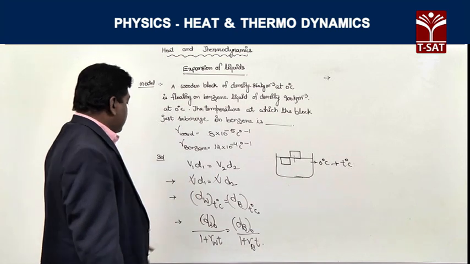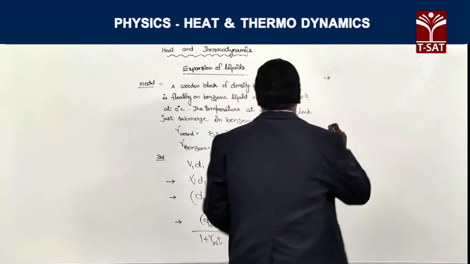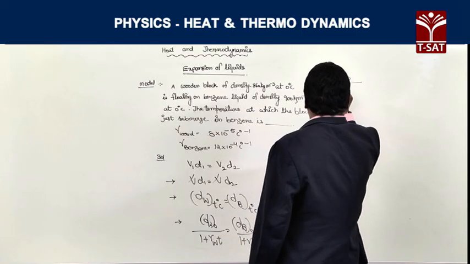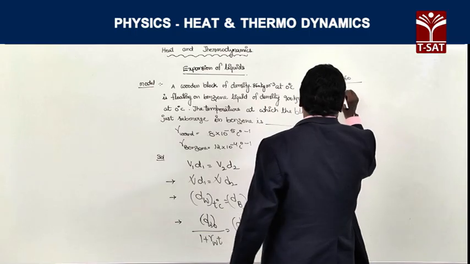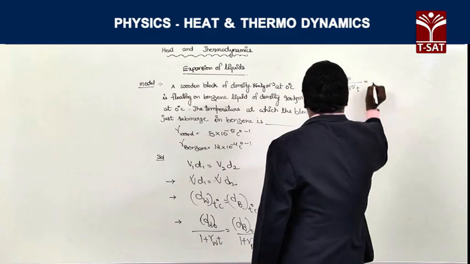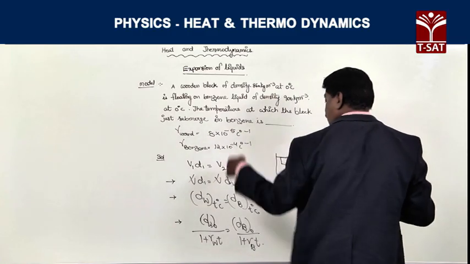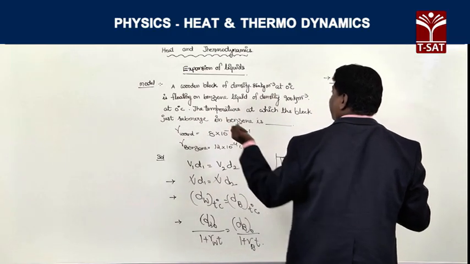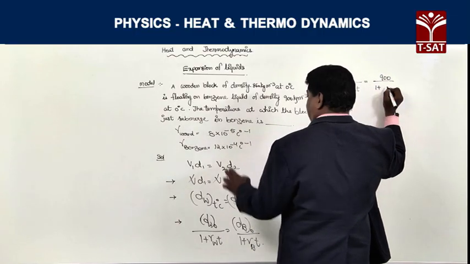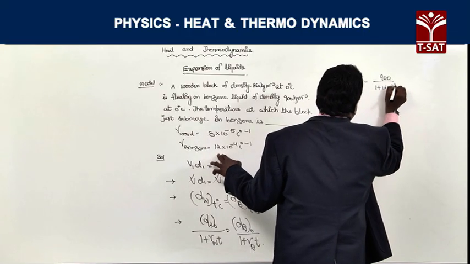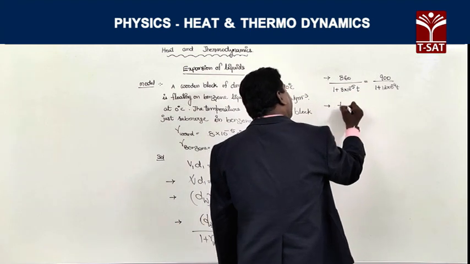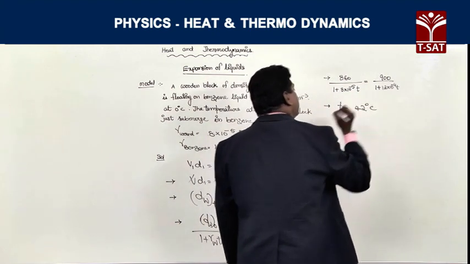We get the density of wood 860 divided by 1 plus gamma of wood, 8 into 10 to the power of minus 5 into the temperature, equals the density of benzene, 900 by 1 plus 12 into 10 to the power of minus 4 T. On simplifying this equation, we get T equal to 42 degrees Celsius.